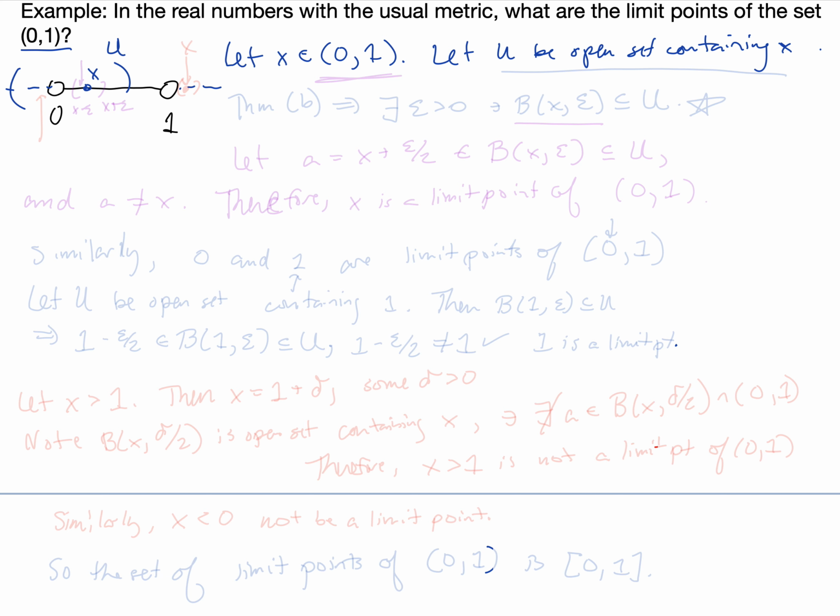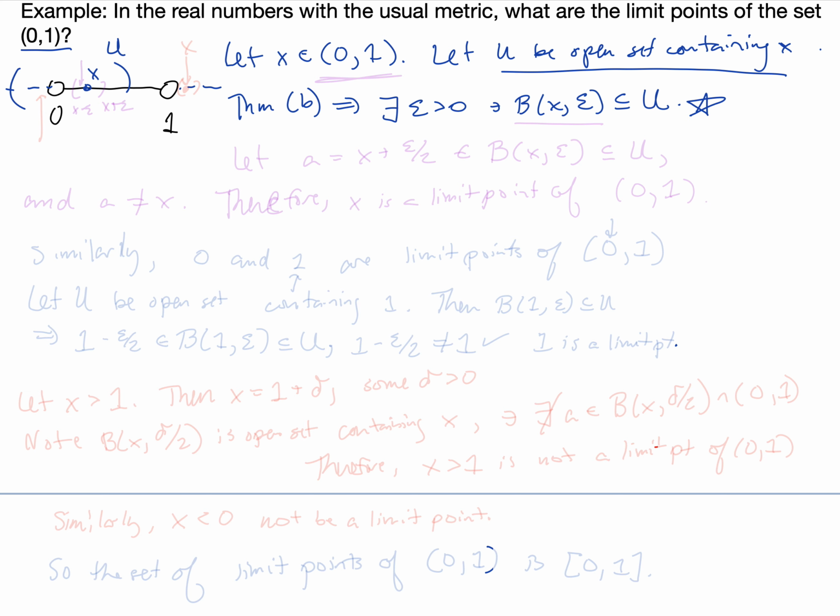To do that, what we can do is notice that from our previous theorem, part B of our previous theorem, since U is an open set containing the point x, that means there's some epsilon greater than 0 such that the ball centered at x of radius epsilon is contained in the set U. This is a really useful theorem that we'll use over and over, that if a set is open, then this must be true about it for any point in the set.